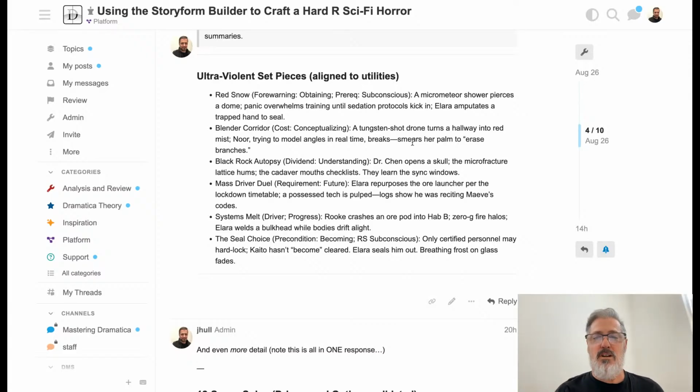Blender Corridor. A tungsten-shot drone turns a hallway into red mist. Nor, one of the characters, trying to model angles in real time, breaks, smears her palm to erase branches. I don't even know what that means, but I have a feeling that it works with a greater story. Black Rock Autopsy, the Black Rock where everything's.